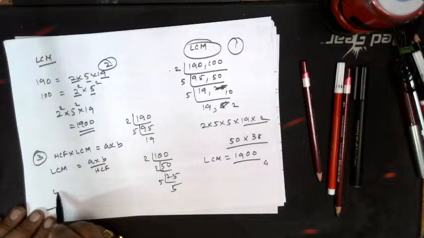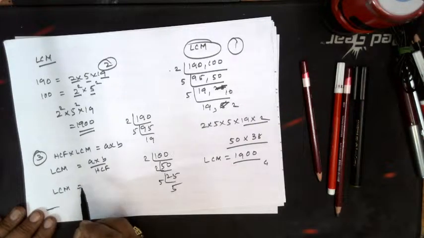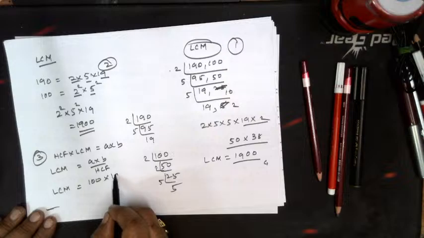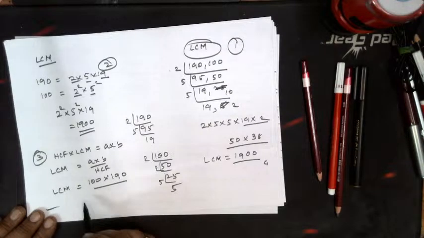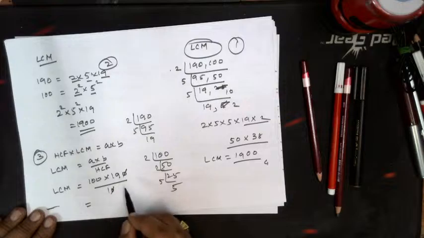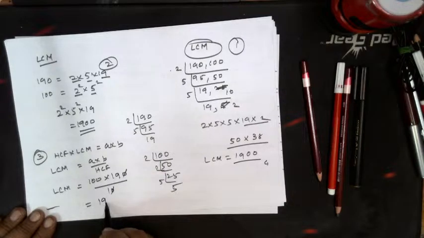Now LCM is equal to 100 into 190 divided by the HCF, 10. So this is another easiest method to find the LCM. So the zeros cancel. So 1900. Okay. Got this?